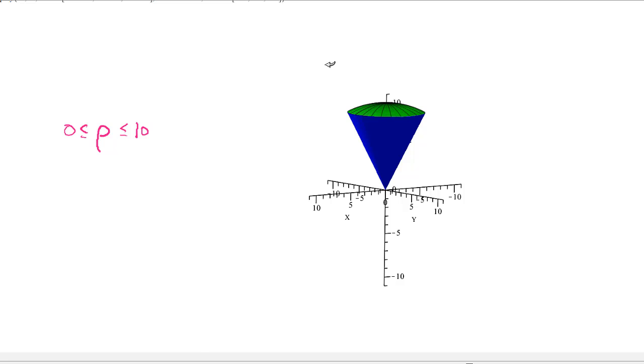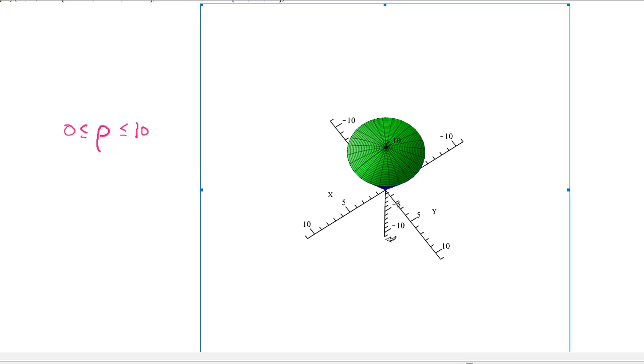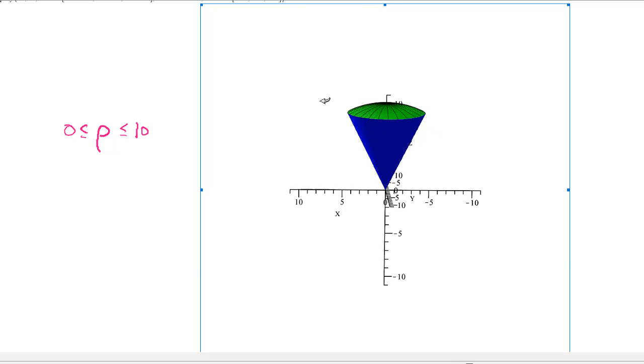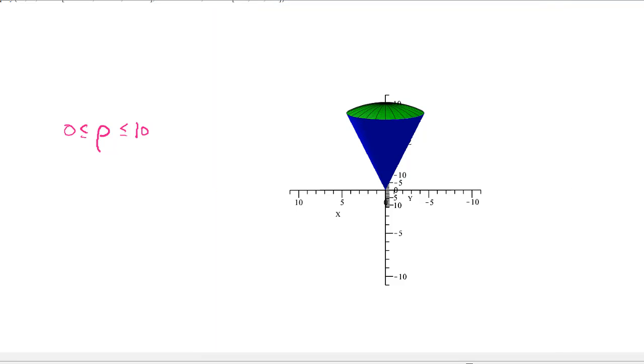Not only that, but we can also tell that this figure goes all the way around the circle in the xy plane, which means that our theta in spherical coordinates would be going from 0 to 2 pi. Now what remains is for us to find the value of phi.